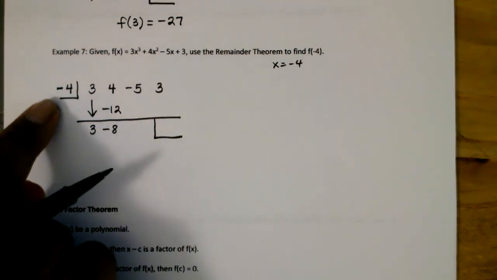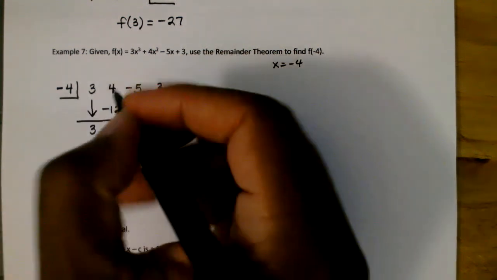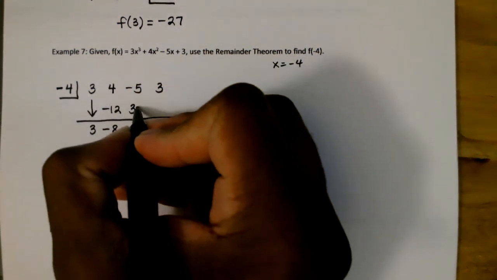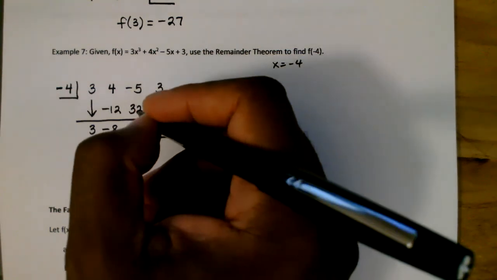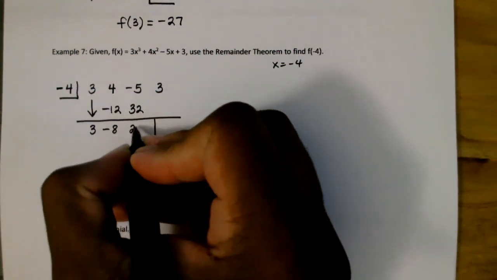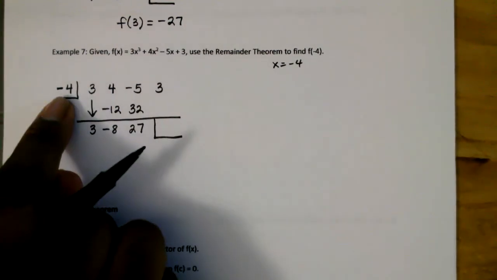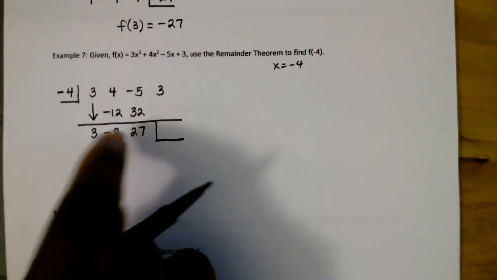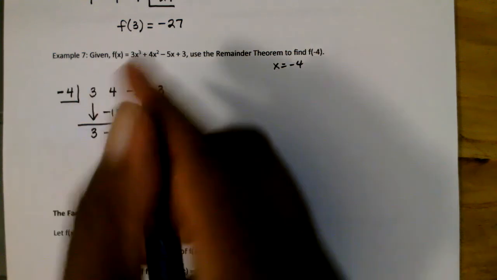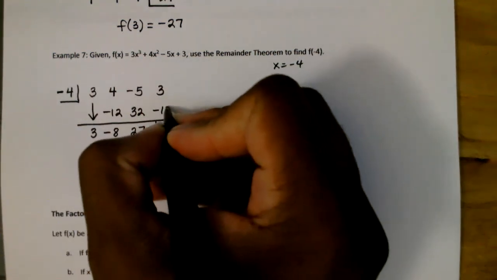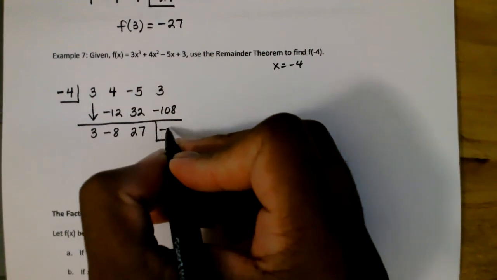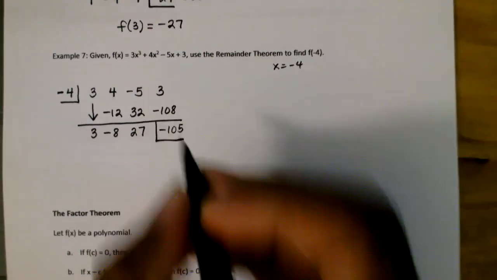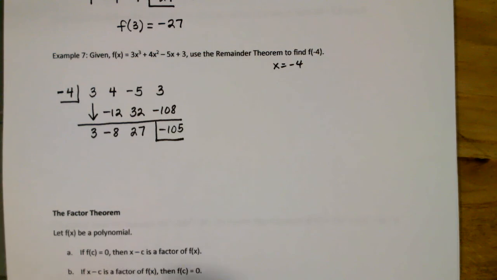And then we do -4 times -8. That would be 32, and that goes underneath the -5. -5 plus 32 will be 27. Then finally, -4 times 27 would be -108. Add 3 and -108 together, you'll get -105.